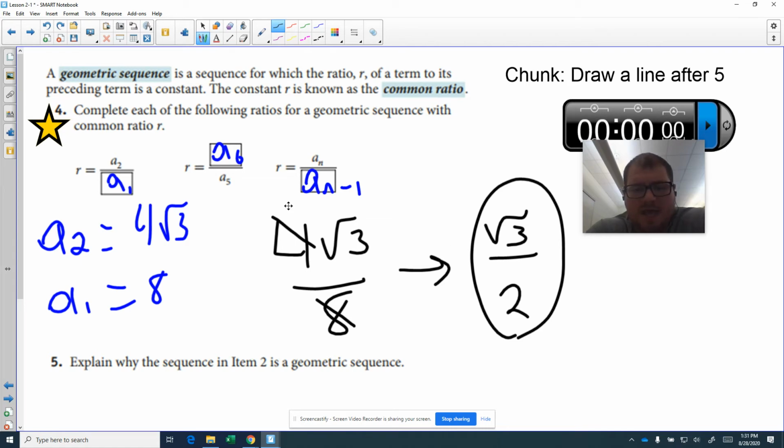This works at any point of your sequence. I could take a of 6 and divide it by a of 5 and still get this as an answer. If I take a term and divide it by the previous, it will always come out to be the ratio. So I can write it as this formula. If I take any number and divide it by the previous number in the pattern, it will come out as the ratio, okay?